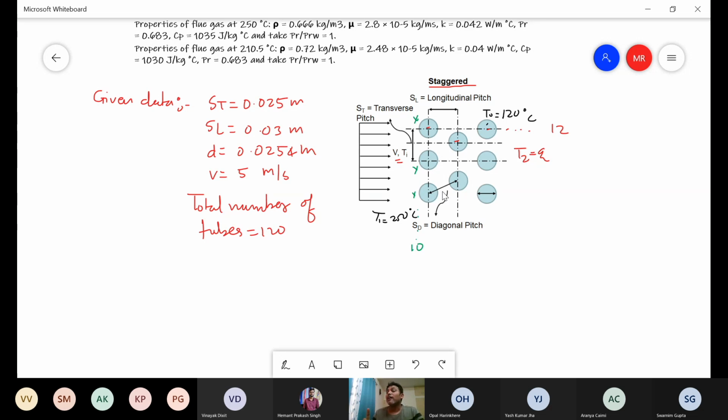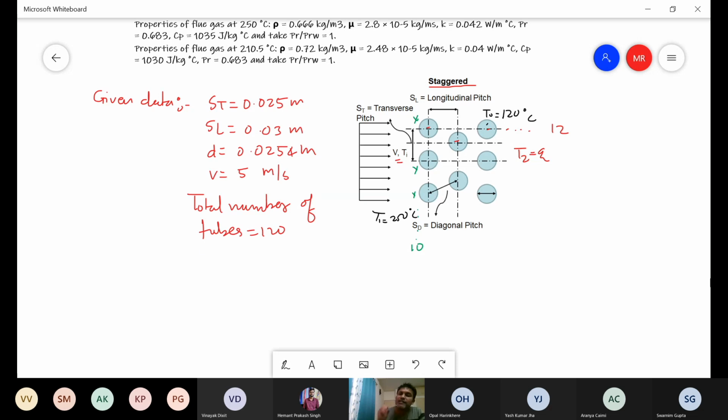When we are looking at free convection or natural convection, that you will see later on in the next tutorial, in the natural convection case the average temperature is always between the temperature of the free stream and the temperature of the wall of the surface. So in this case, which is forced convection, the average temperature has to be between T1 and T2. Okay, so this is a very important point to note down. Mostly people make mistakes here.